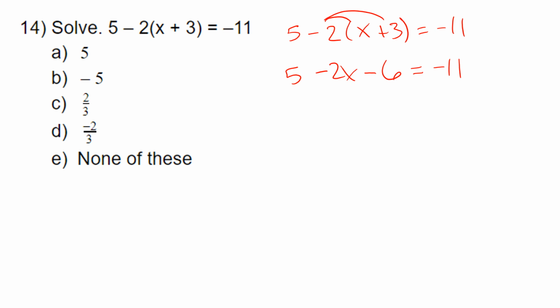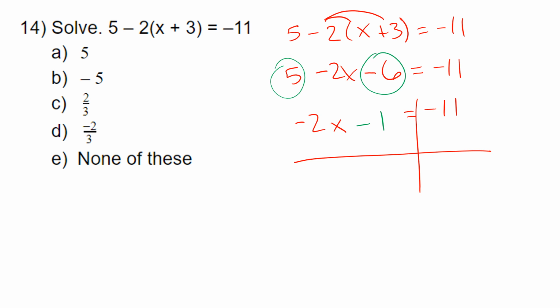How about we do this? 5 minus 6 is -1. So that's going to be -1, and I still have the -2x here, equals -11.